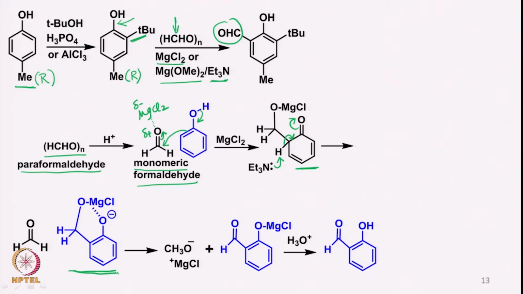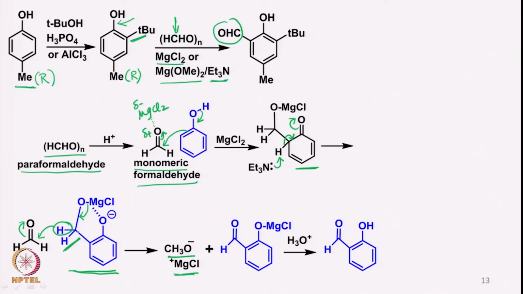Now what we have done in the process is introduce this group adjacent to the alpha position of the hydroxy, that means the ortho position, and now this particular bond can break, and we can anticipate a hydride transfer to this, and we get CH3O minus coming out and MgCl plus coming out, and then we get this hydroxy group attached.